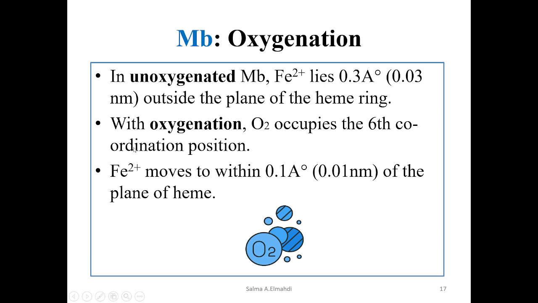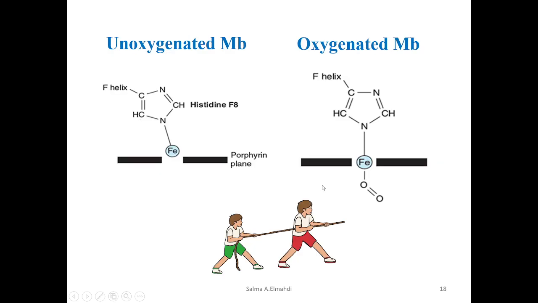This will lead to movement of the ferrous ion to within 0.01 angstrom or 0.01 nanometer of the plane of the heme. So binding of oxygen to the sixth coordination position moves the ferrous ion closer to the plane of the heme. This is the plane of the porphyrin ring, or the tetrapyrrole ring.